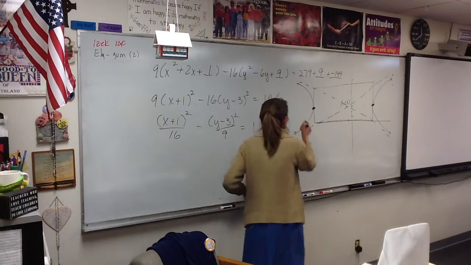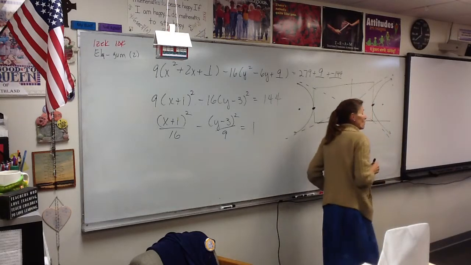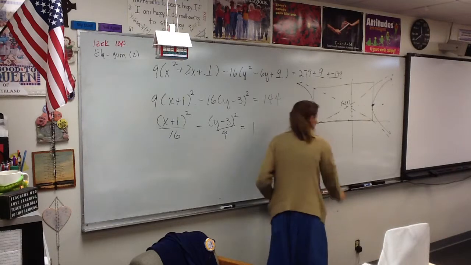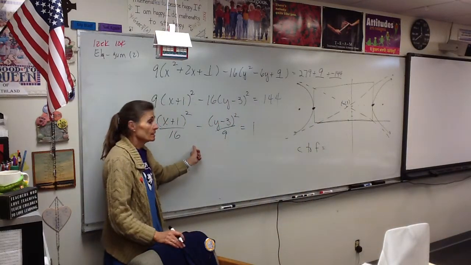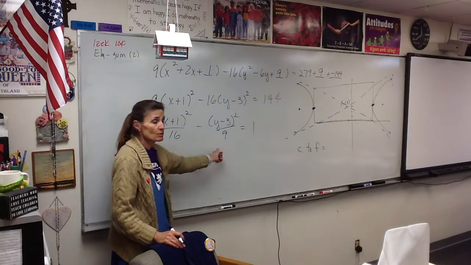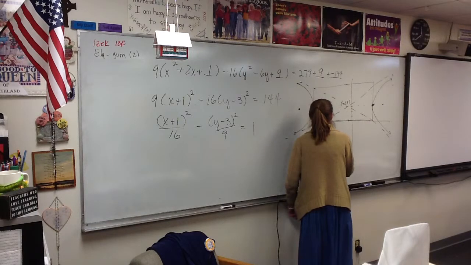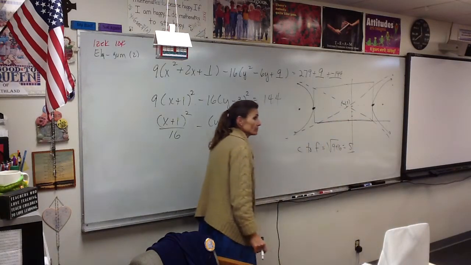Now, my foci are in here, and I would know where they were if I knew how far it was from the center to the focus. In this hyperbola, how far is it from the center to the focus? It's the square root of 9 plus 16, which is 5.